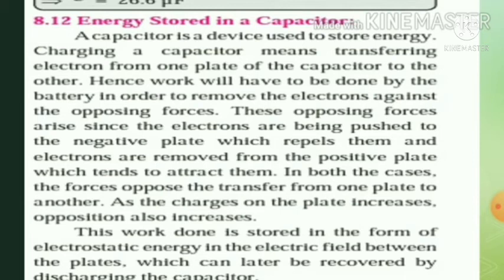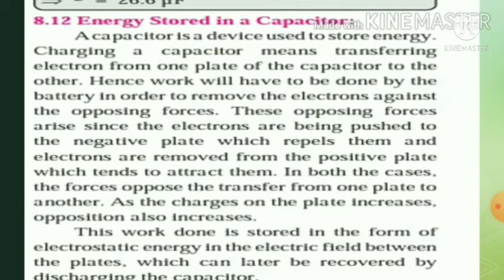Whenever the battery is on, positive charges transfer from the first plate to the second plate of the condenser, and negative charges transfer from the second plate to the first plate, and so on.